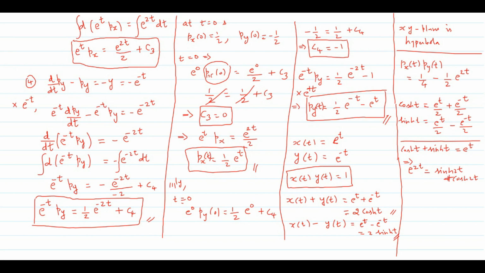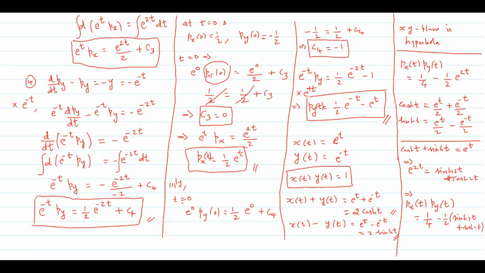Which means p x of t into p y of t can be written as 1 by 4 minus 1 by 2 times sin hyperbolic 2t plus cos hyperbolic 2t.